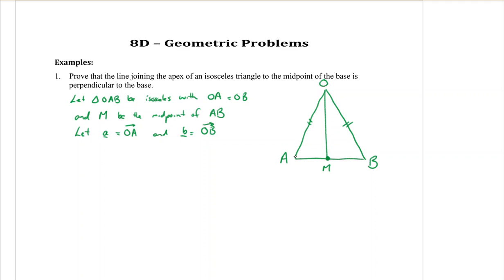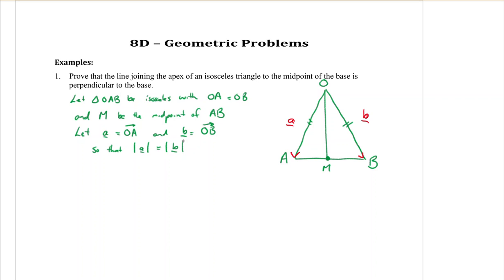OA going that direction is little vector A, and OB going that direction is little vector B. That also tells us, because it's isosceles, that the length of vector A is equal to the length of vector B. Now we're trying to prove that the base AB is perpendicular to OM.